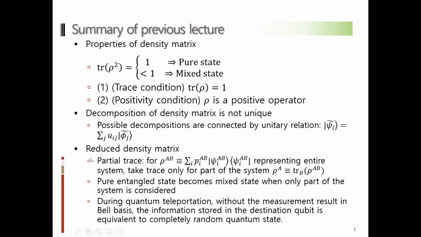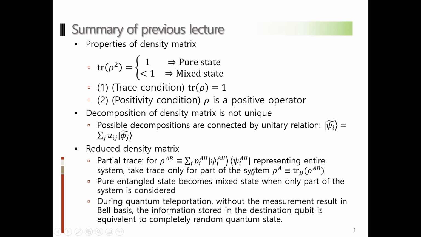Another concept I also introduced was the reduced density matrix. The reduced density matrix is obtained by calculating the partial trace when you are given the density matrix of the full state. Here I assume that there are A and B particles, and this shows the full density matrix corresponding to the composite quantum system.